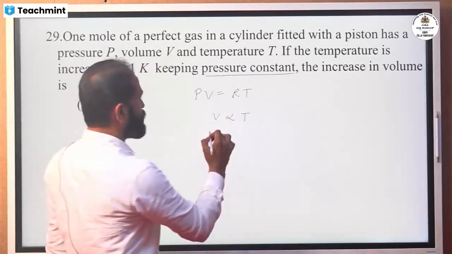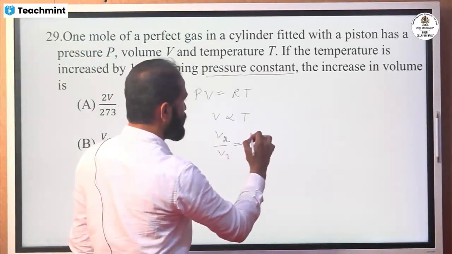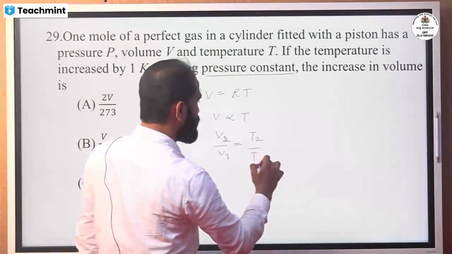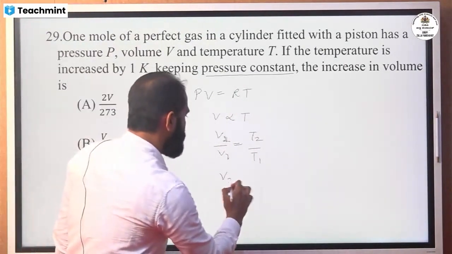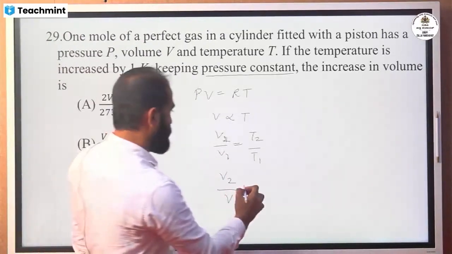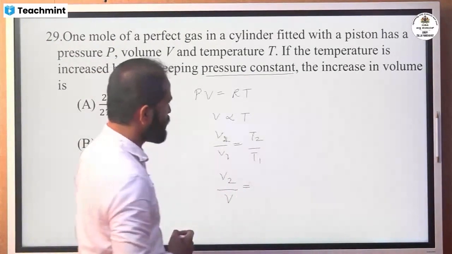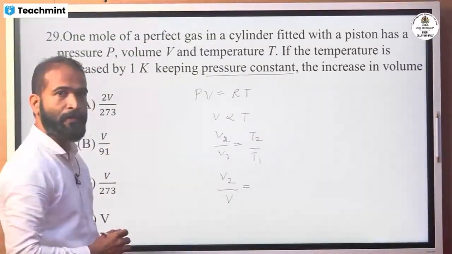So if the pressure is kept constant, volume will be proportional to temperature. So we can write V2 by V1 as T2 divided by T1. Let me write V1 as some initial volume V. We don't know anything about the temperature, so let me just assume that the initial temperature is 0 degrees Celsius.